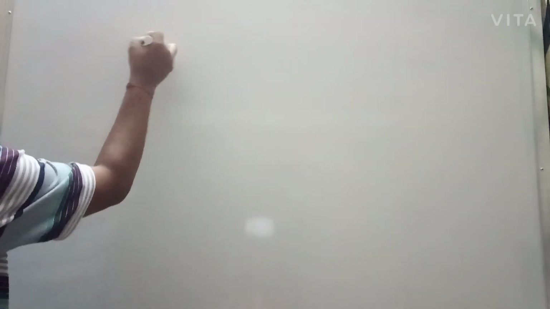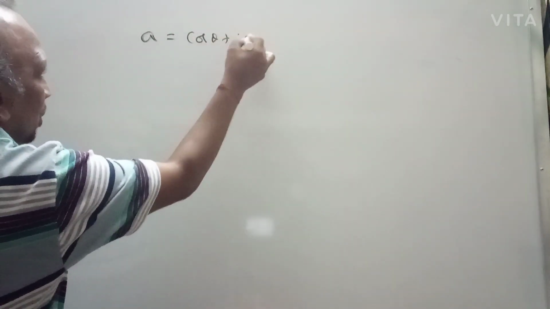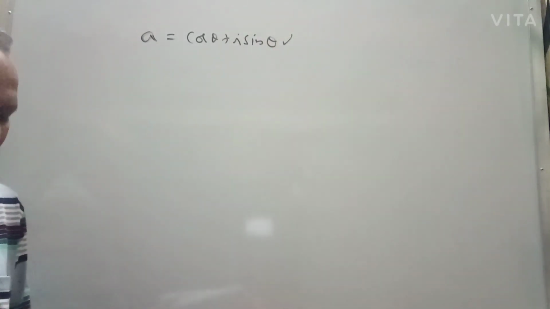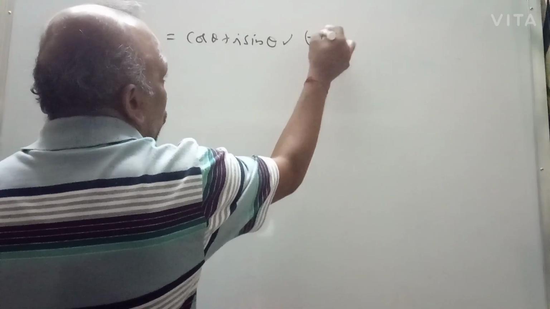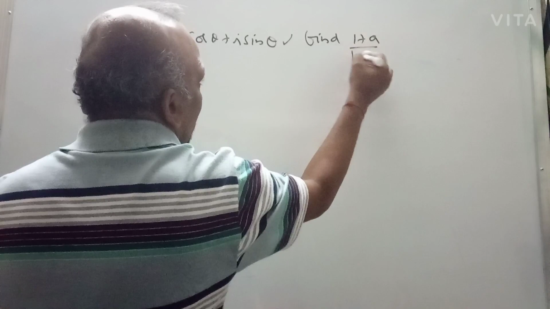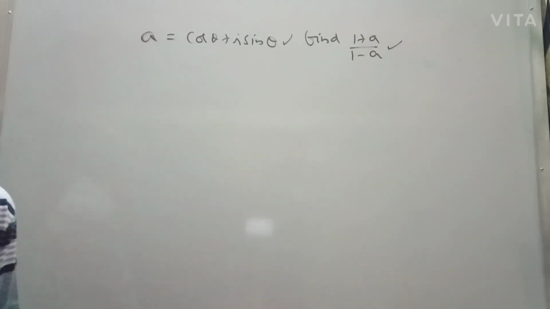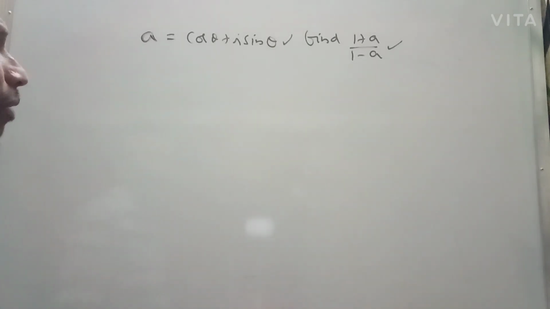The given a is equal to cos theta plus i sin theta. They are asking that value to find, 1 plus a by 1 minus a. You should find the value of this.